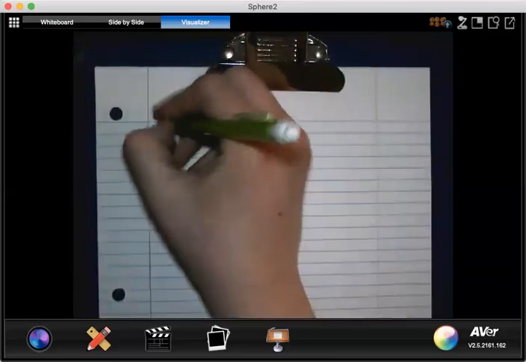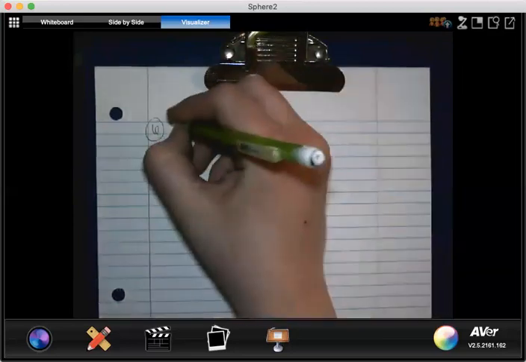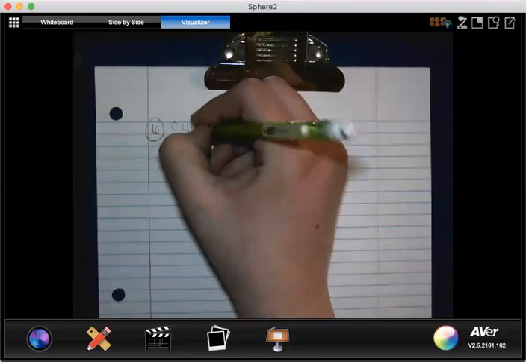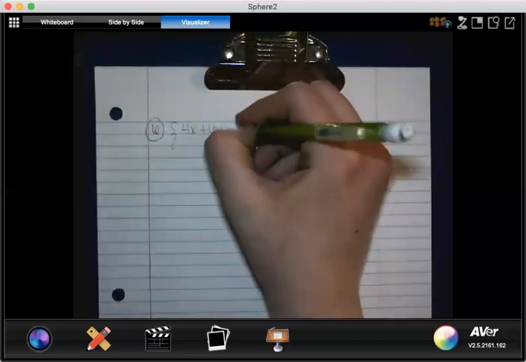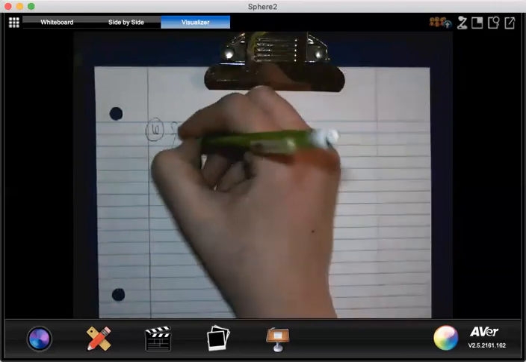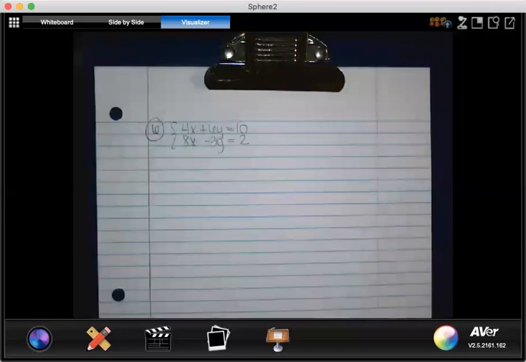Number 6. 4x plus 6y equals 10. 8x minus 3y equals 2. Okay. Now, again, you want to look at what's going to be the easiest to simplify.